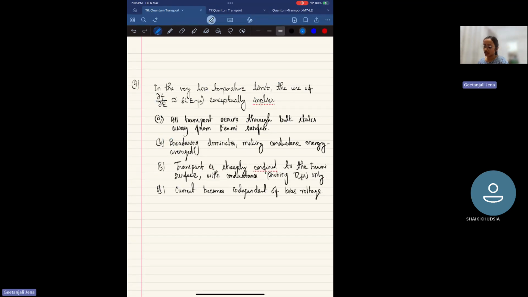In the very low temperature limit, what does dF/dE, which is equal to delta(E minus mu), signify? So what does this conceptually mean in a low temperature limit?